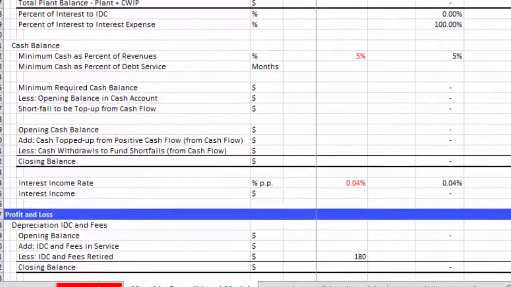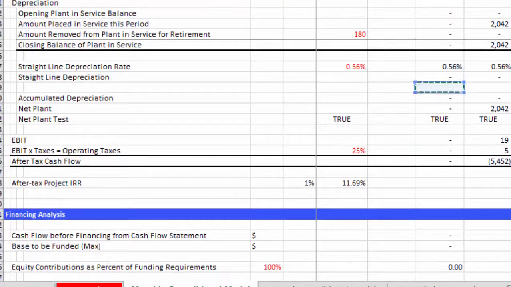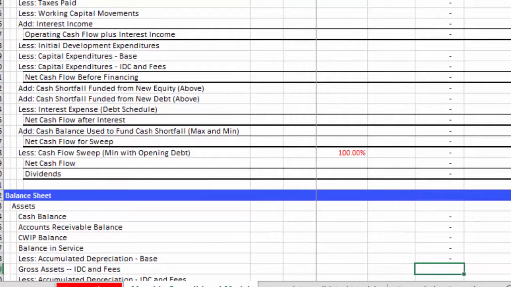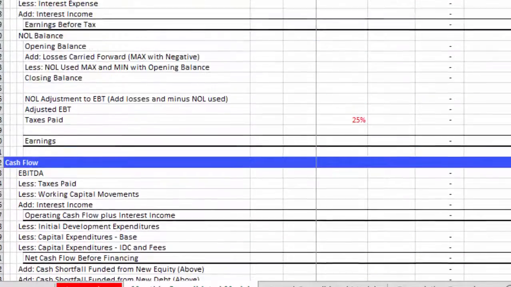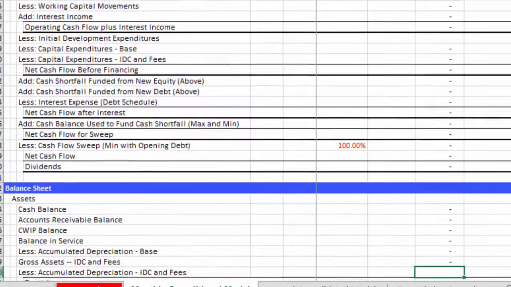The accumulated depreciation should be right near the depreciation analysis, and make sure and take the accumulated depreciation, not the plant balance. Now the balance of this construction work in progress is here.